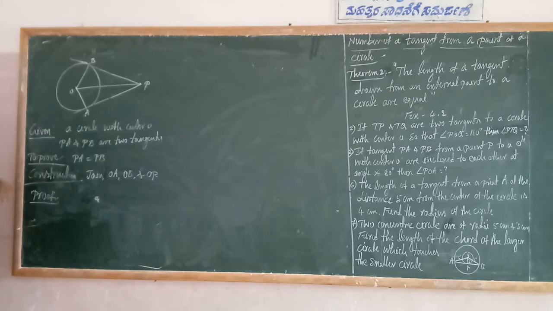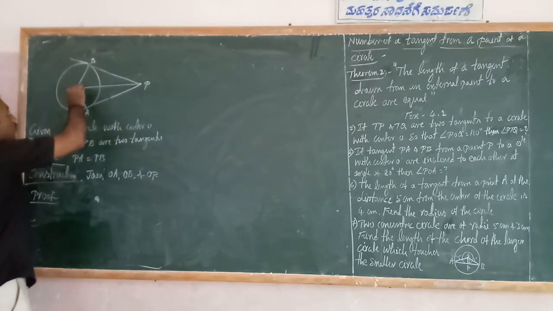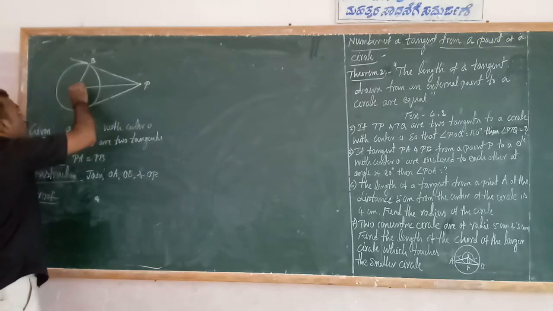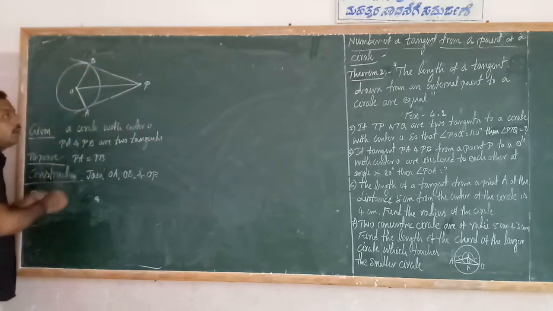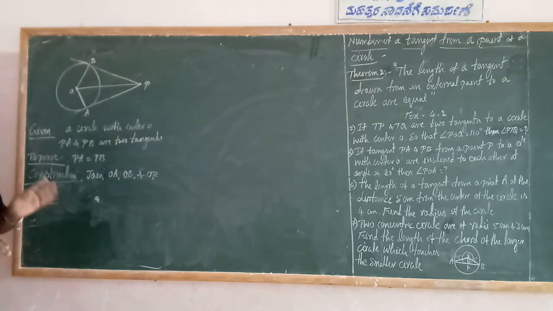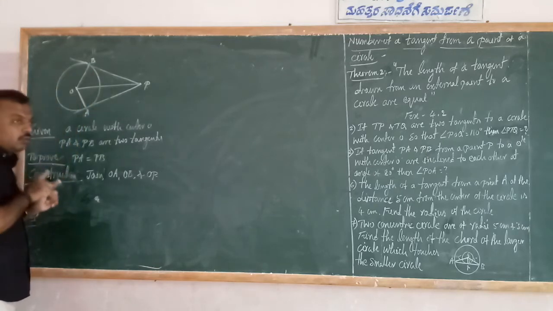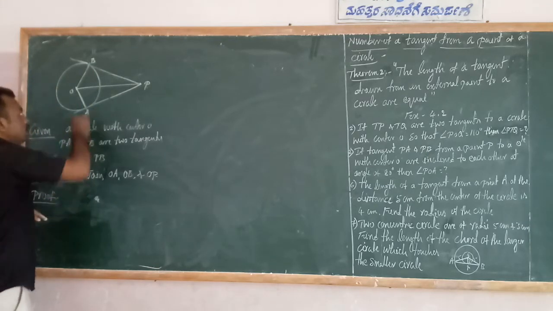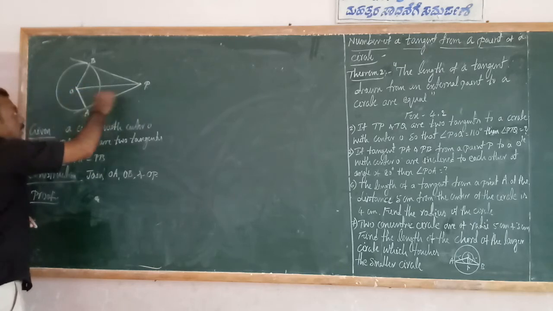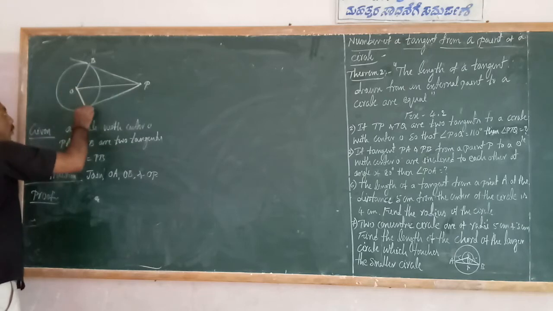Next, students, the proof. See here, students, OA and OB are what? Radii of a circle. Is it right? Yes. OA and OB are the two radii of a circle. A is the point of contact.